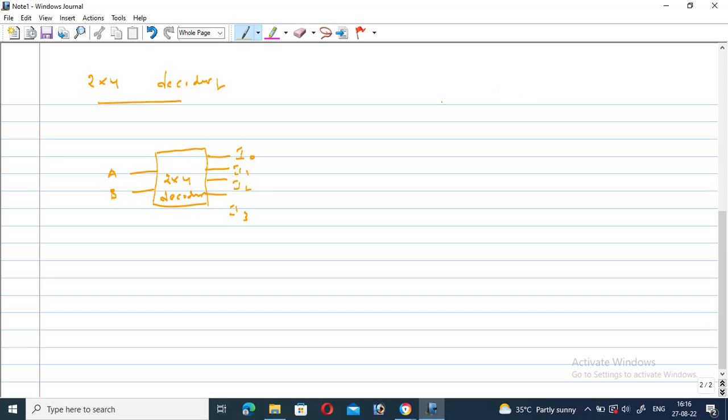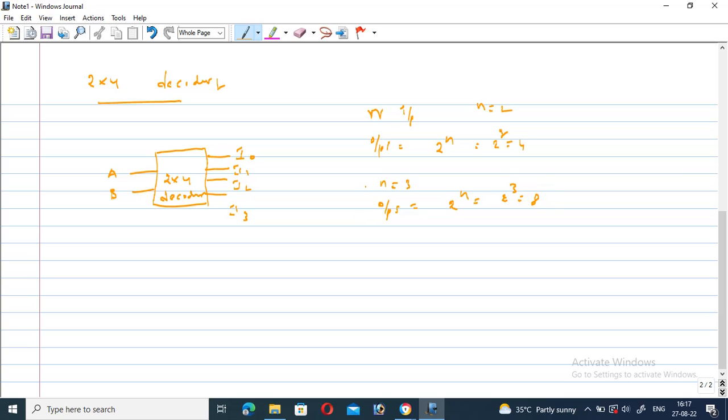So the general formula is the same here. If n is the number of inputs, the number of outputs is equal to 2 power n. So for n equal to 2 we get 2 square, 4. If n is equal to 3, outputs is equal to 2 power n, 2 cube is equal to 8.